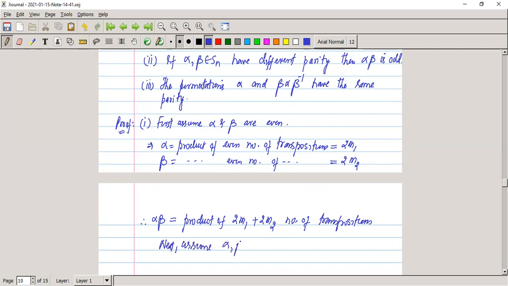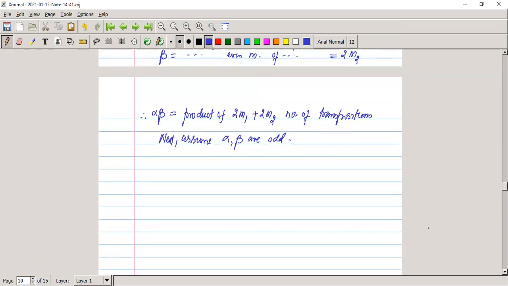Now similarly, next assume alpha and beta are odd permutations. So in this case what happens? So this implies alpha is equal to product of 2m1 plus 1 transpositions.